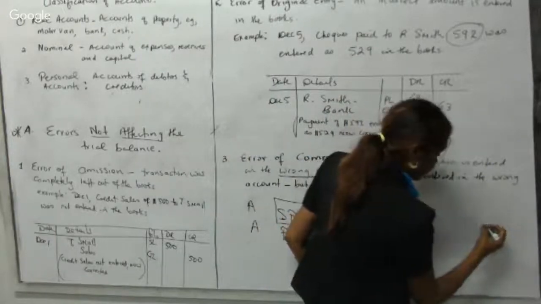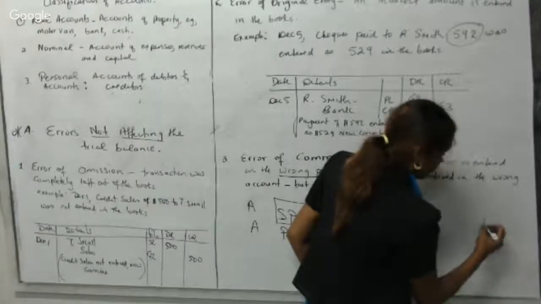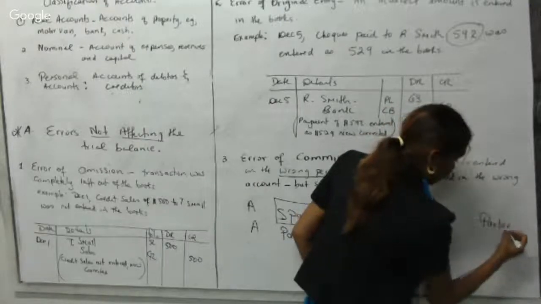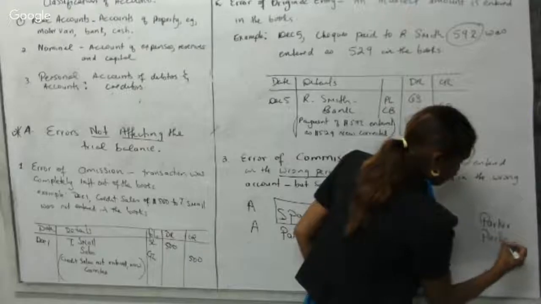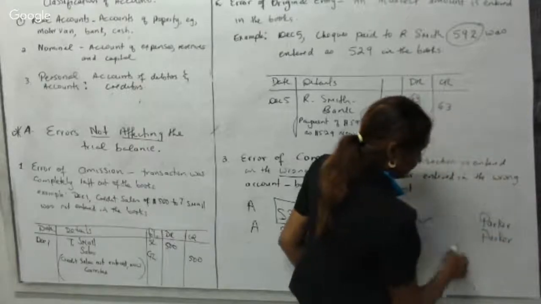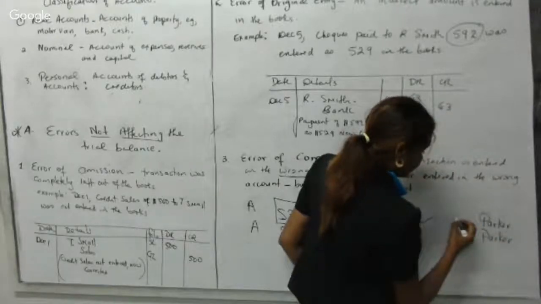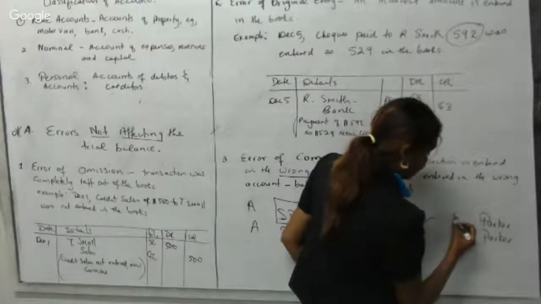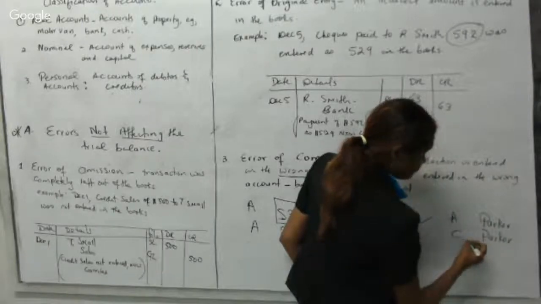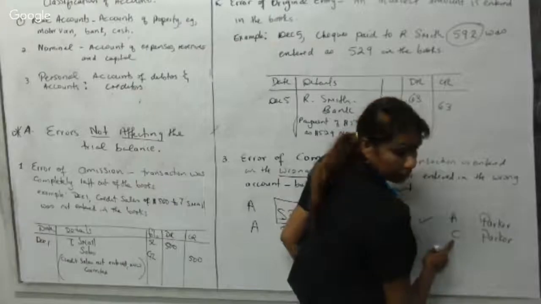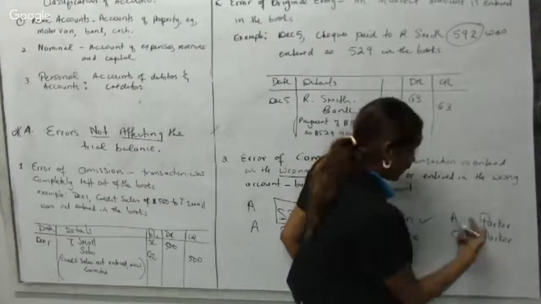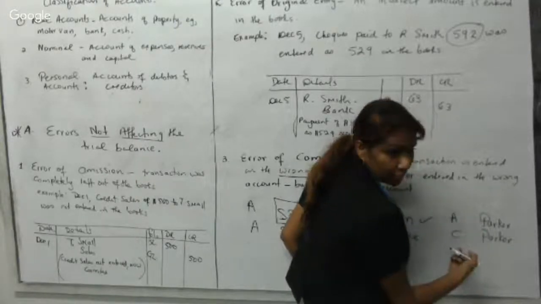Or two surnames that are the same, Parker and Parker, but the Christian name is different. So this person's first name starts with A, and this person's first name starts with C. But a mistake is made, and you enter it into the wrong man's account again.